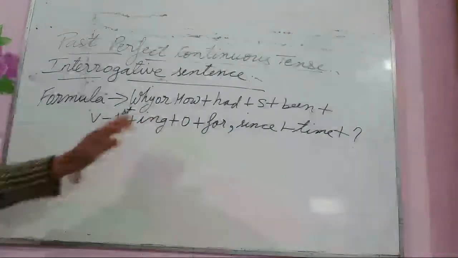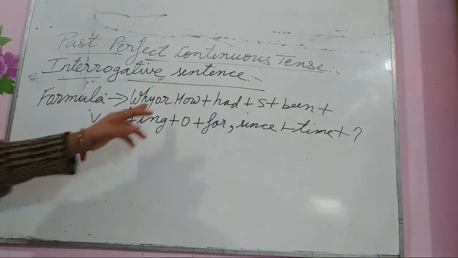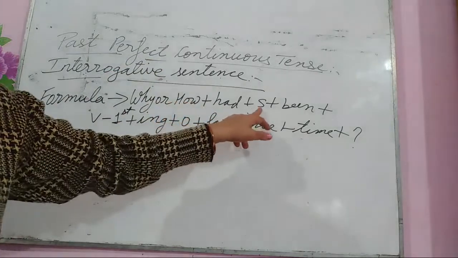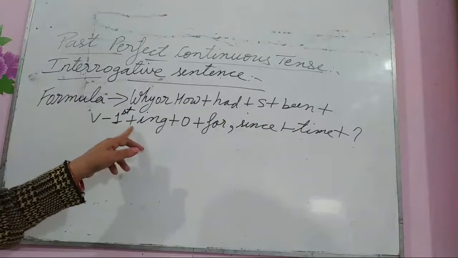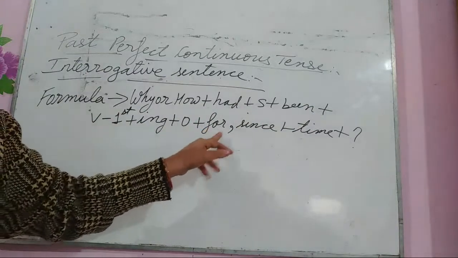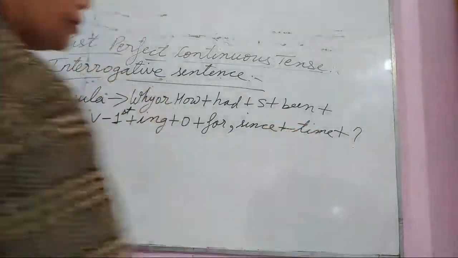The formula for interrogative sentence in past perfect continuous tense is why or how plus had plus subject plus been plus verb first form plus ing plus object plus for or since plus time and a question mark.